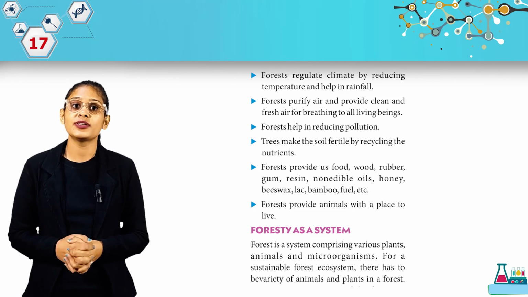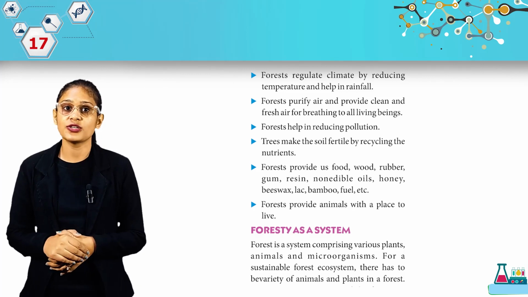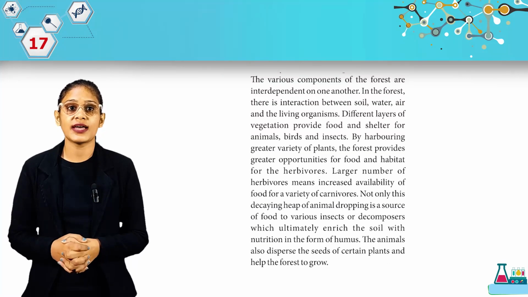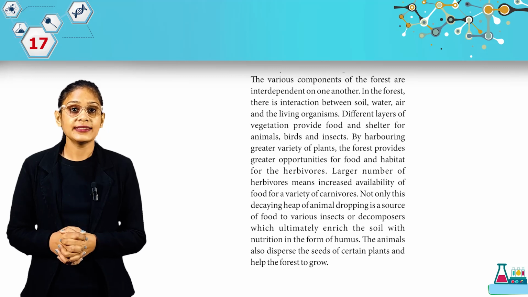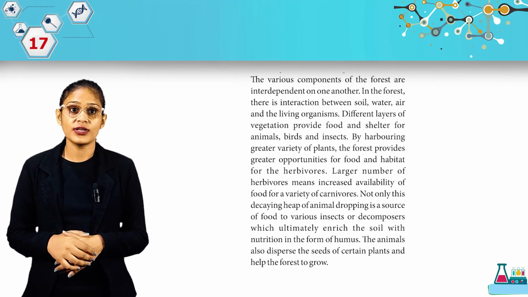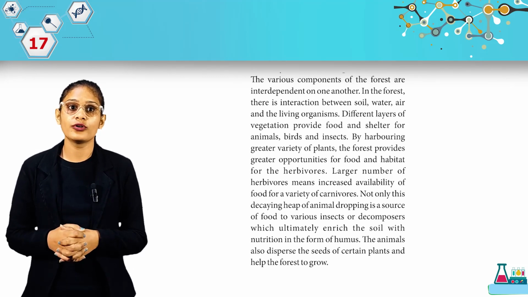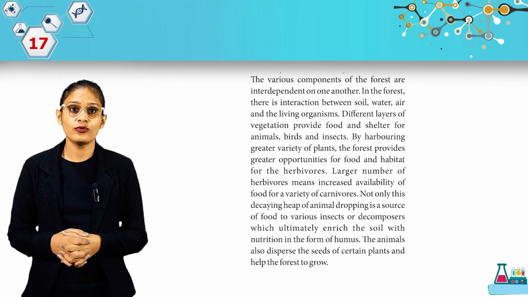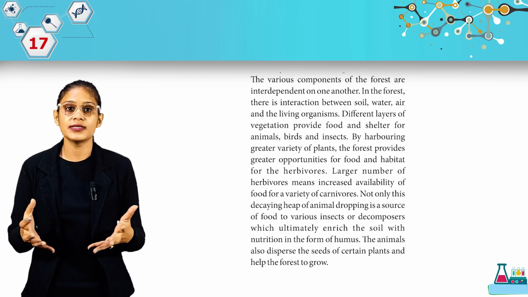For a sustainable forest ecosystem, there has to be a variety of animals and plants in a forest. The various components of the forest are interdependent on one another. In the forest, there is an interaction between soil, water, air, and the living organisms. Different layers of vegetation provide food and shelter for animals, birds, and insects.